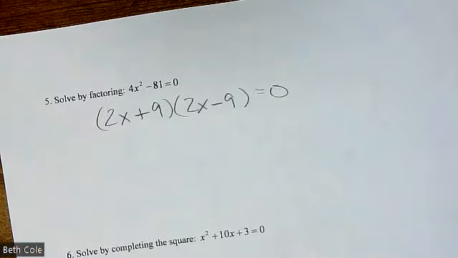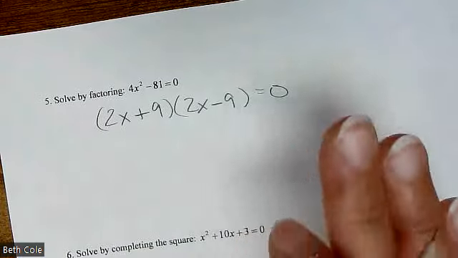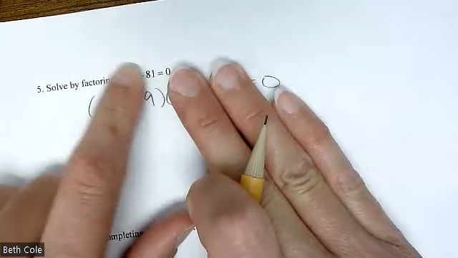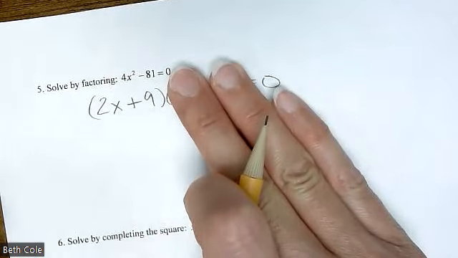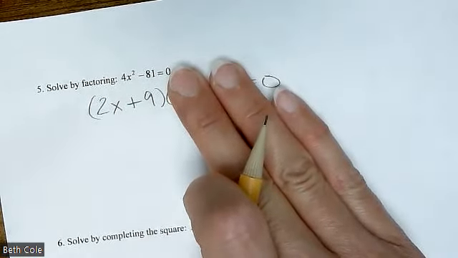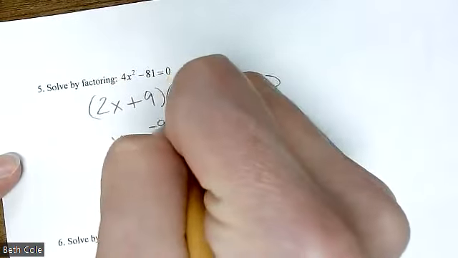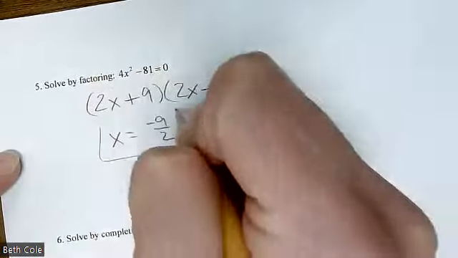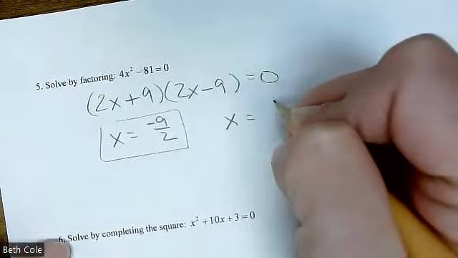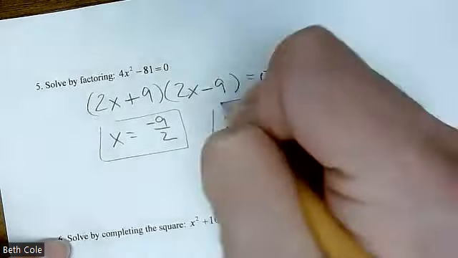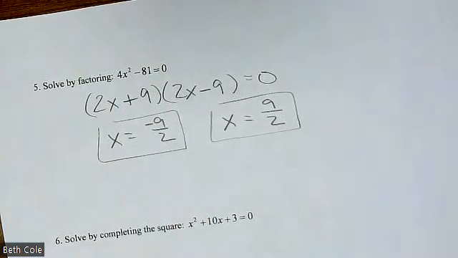All right, and then if you set those equal to 0, let me cover up this one. What would you do here? Yep, minus 9, divide by 2. And then the other one would be positive 9. So when you have a difference of squares, it ends up being the same thing, just opposite sides.